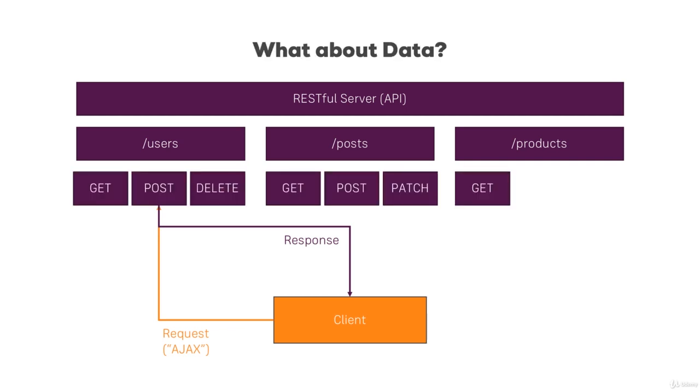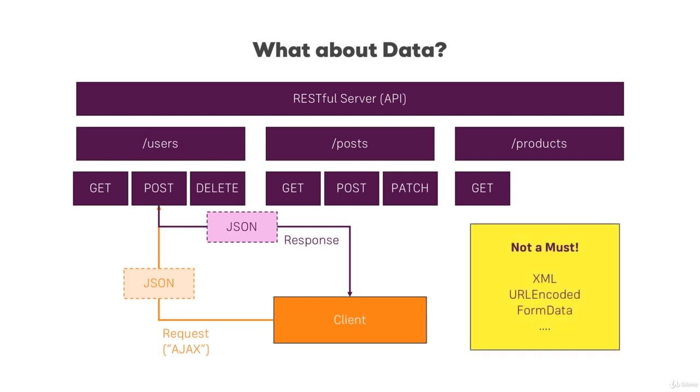Now, we also need to care about the data we send. And there it's important to understand that we communicate with JSON data, not with HTML data, not with XML data. JSON is a data format which looks very much like JavaScript objects, which is very small but yet understandable and machine readable, and which allows us to exchange data.